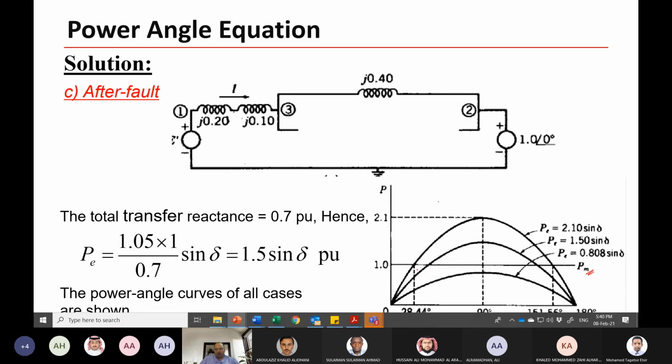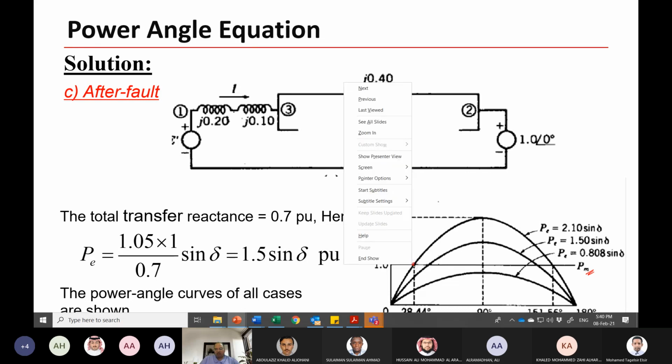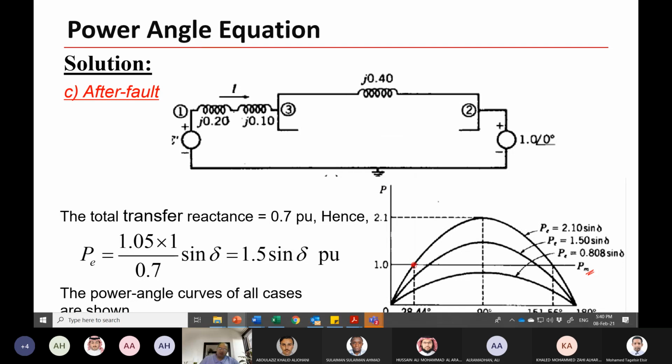As you can see here, the angle initially was 28.44. This is where the system was working. On this figure, can we trace the operating point of the system?